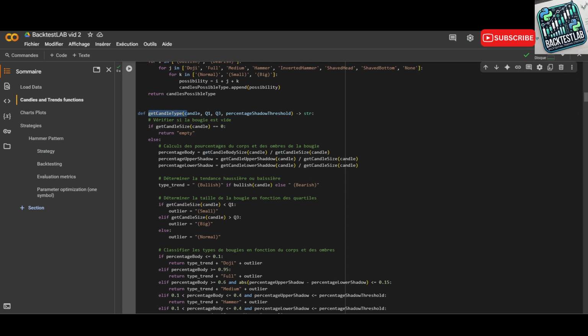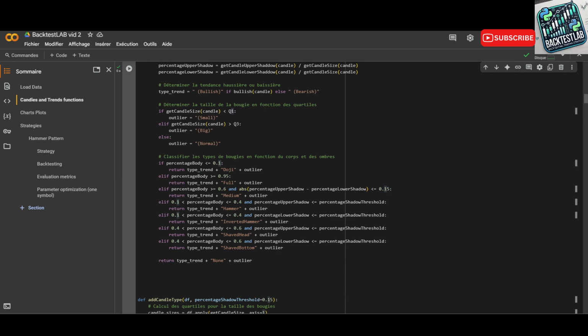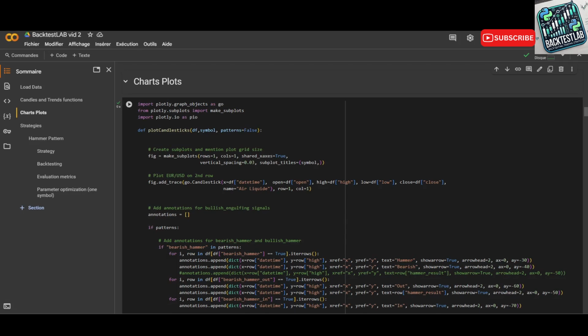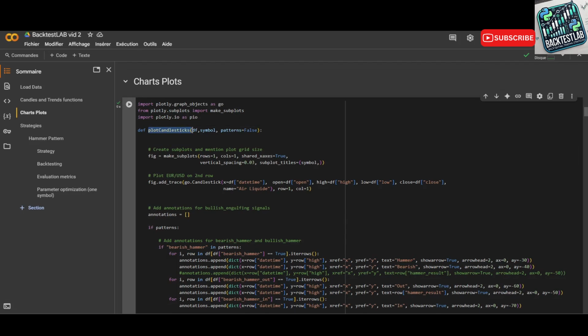As you can see here, I am using the candle type, and I am basing my analysis on quantile number 1 and quantile number 3, and seeing what the size of the body of each candle is. And just for our test, we are preparing this function to plot our candles.